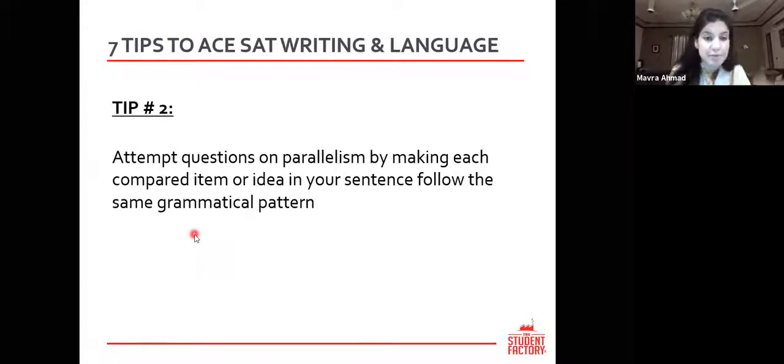Yes, this is also very important. कि पैरेललिज्म पे बेस्ड क्वेश्चंस जो हैं उनको you should be making each compared item or idea in your sentence follow the same grammatical pattern, be it your verb tense, be it the structure of your sentence, be it the subject of your sentence. पैरेललिज्म होना चाहिए, ठीक है? और उसमें जो भी आइडिया है सेंटेंस में, it should have the same grammatical pattern, be it the verb, be it the noun. तो ये parallelism के लिए बहुत important है, right? Let's move on and look at the sample question related to this tip.